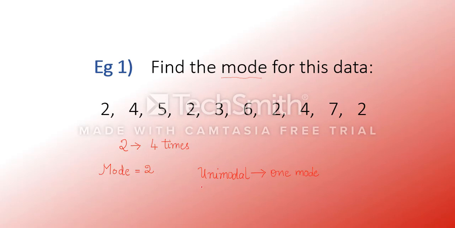Sometimes a given data set may also be bimodal, which means there are two data values which occur with the same frequency and that frequency is the highest as compared to all the other data elements. Another important point to be noted over here is if there is a data for which there are more than two modes which exist, it implies that mode may not be the best measure of central tendency for that given set of data.